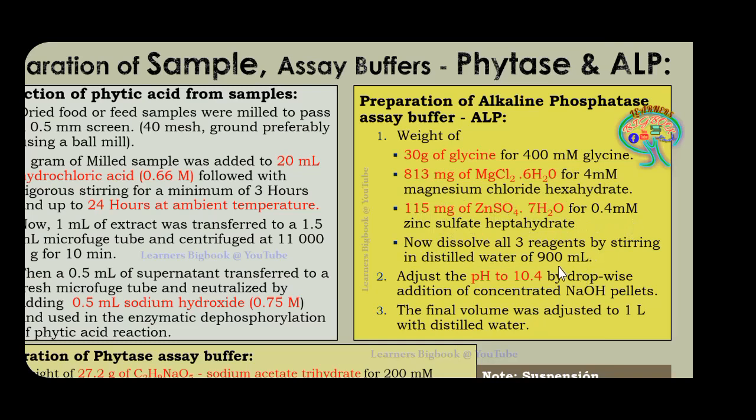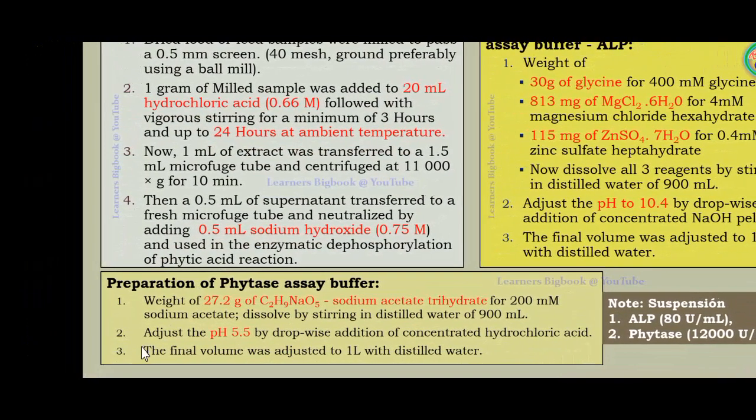All these three agents should be dissolved in 900 ml distilled water, and the pH has to be adjusted with NaOH pellets to 10.4. The final volume has to be adjusted to 1 liter with distilled water.